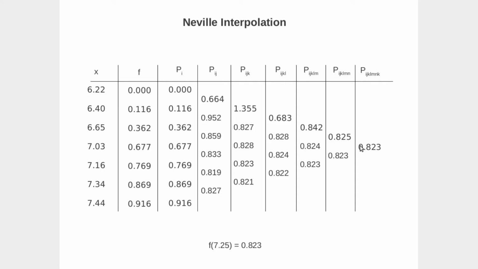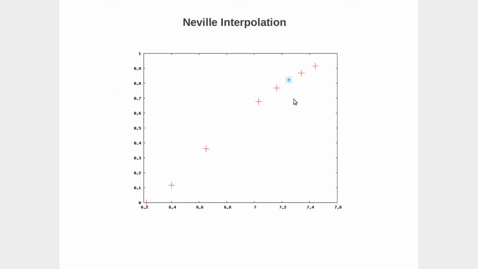This is the value which corresponds to f of x, where x is 7.25. If you plot that, you will see that it falls here, and that is pretty good. It follows the trend of other data points. So this is a very good interpolation algorithm which can be utilized to interpolate for the unknown x.